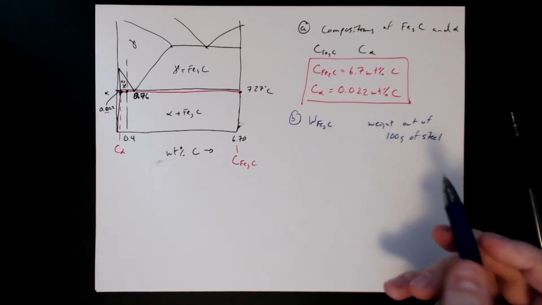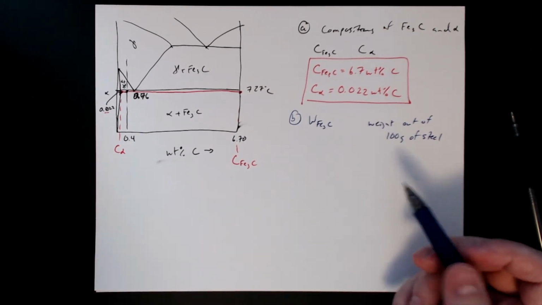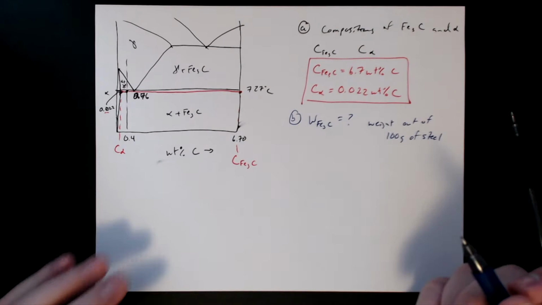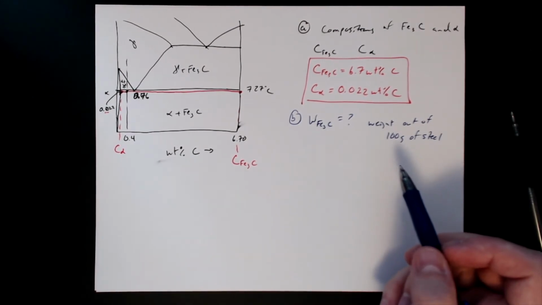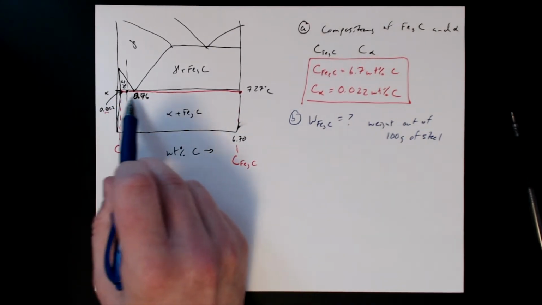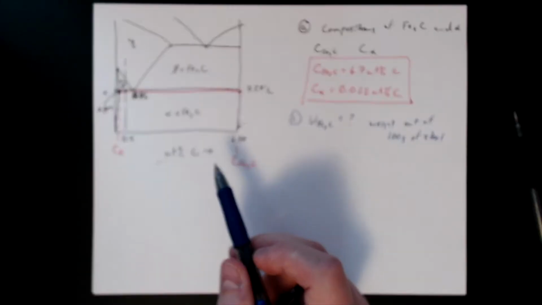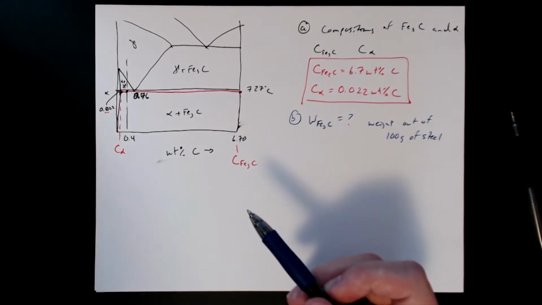Since we know the fraction and we know we have 100 grams, we can just multiply that by 100. If cementite is a phase, and we want to know how much cementite we have at this temperature, which we've already drawn with the red line, we're just going to apply the lever rule.